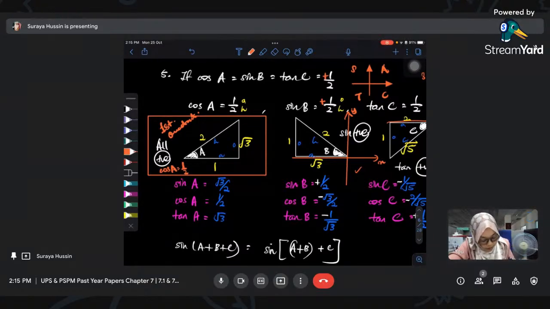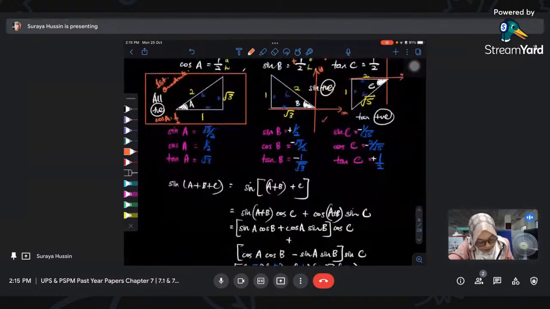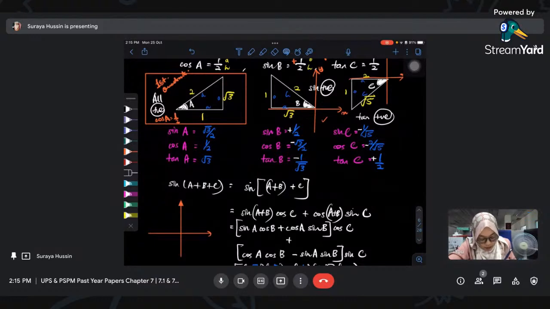Tapi usually it's actually up to us which quadrant that we want to use. So kita juga boleh pilih fourth quadrant. And it's not wrong as well if we choose fourth quadrant as our angle A. Okay, so adjacent 1, hypotenuse 2, and therefore this is square root 3.